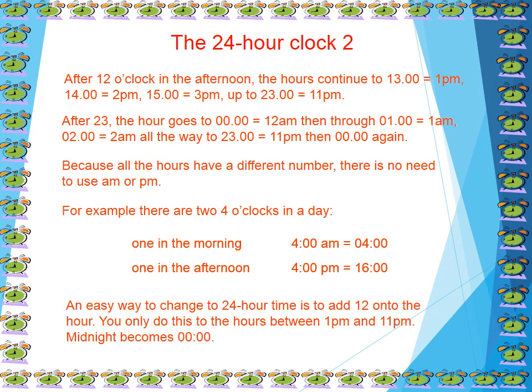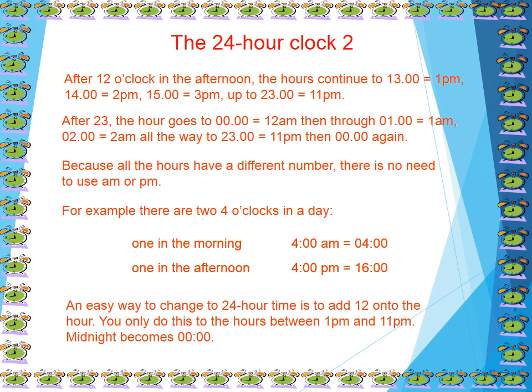An easy way to change to 24-hour time is to add 12 onto the hour. You only do this to the hours between 1 p.m. and 11 p.m. Midnight becomes 00.